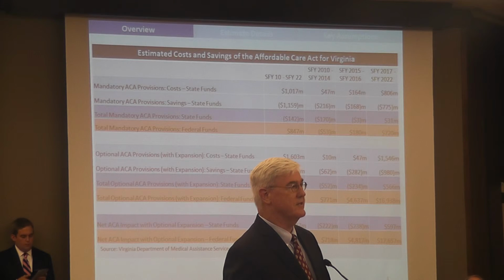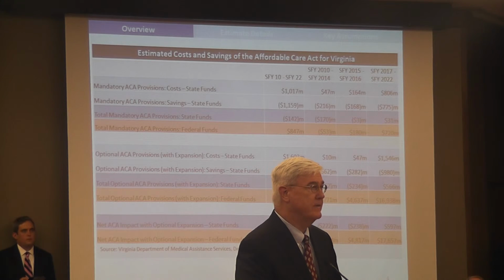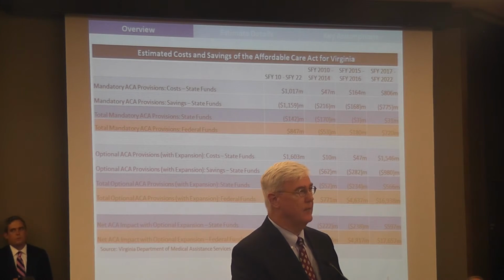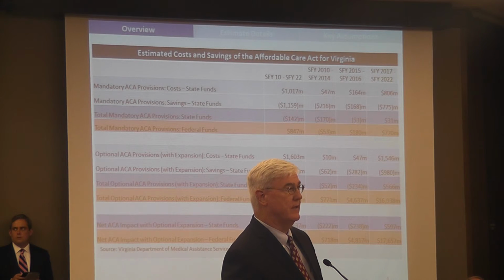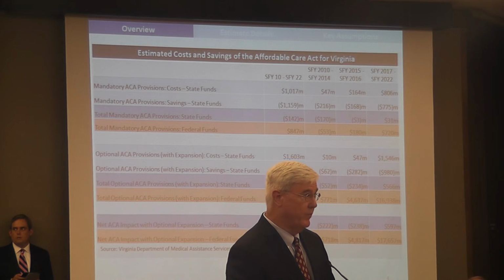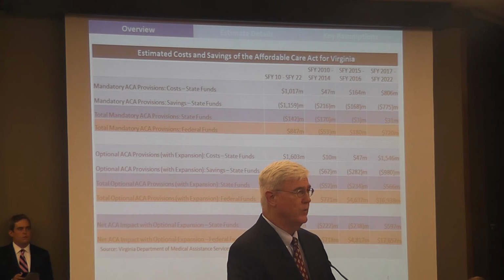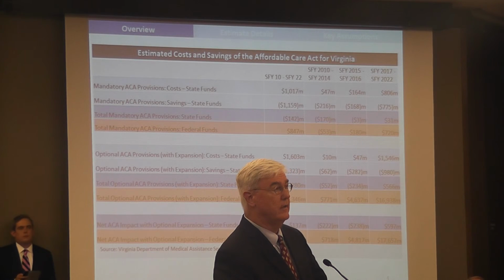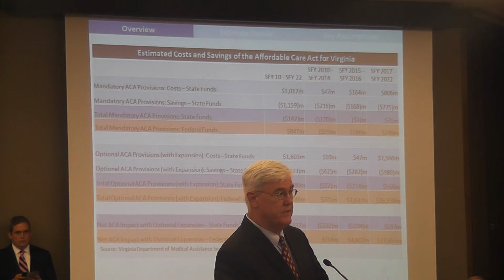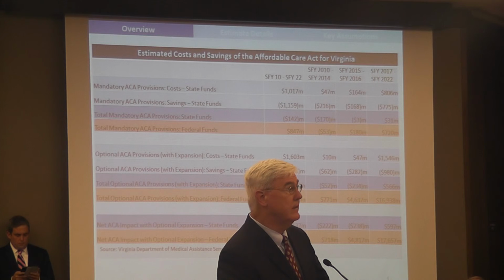So the second column of numbers here is the time period where really there's no decision to be made. Most of the time period is behind us, and the part that isn't, there isn't time for a Medicaid expansion to occur in what remains of state fiscal 2014.